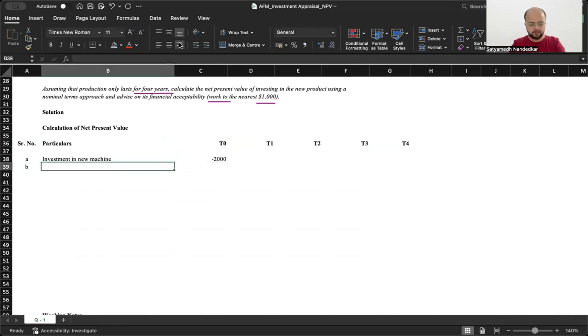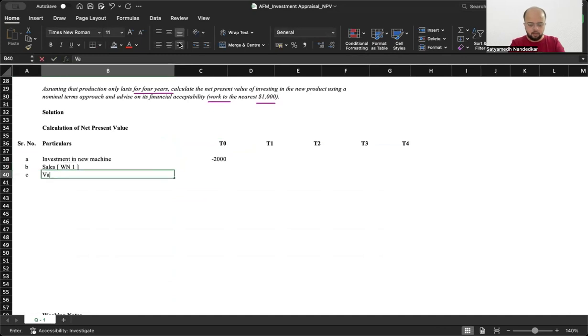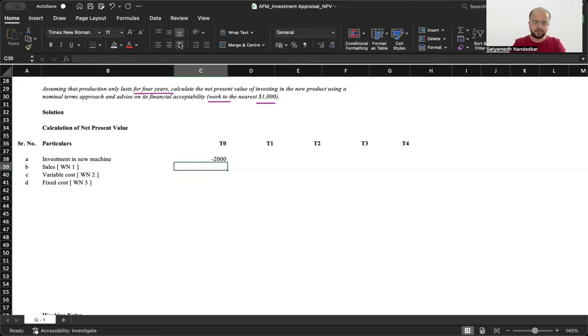Then sales, which is working note 1. Variable cost, which is working note 2. Fixed cost, which is working note 3.